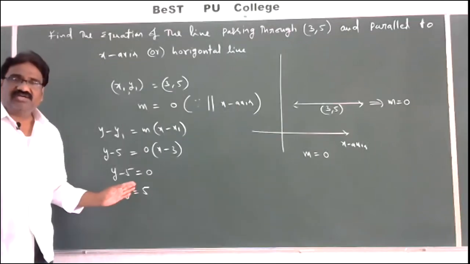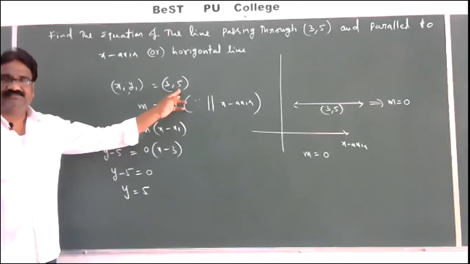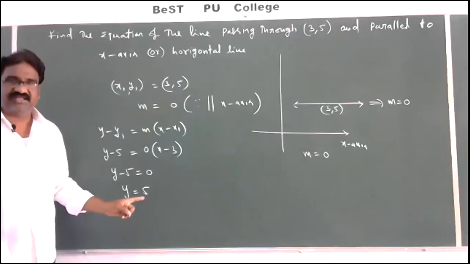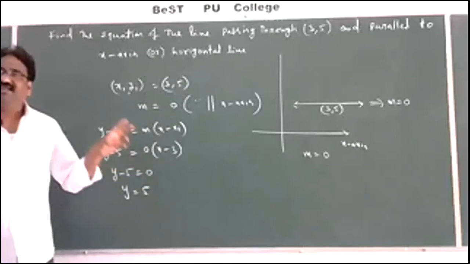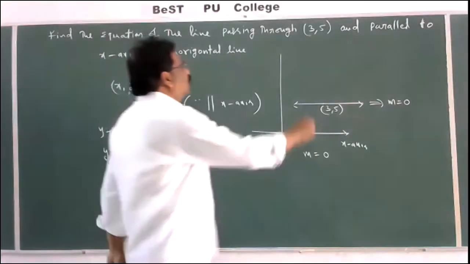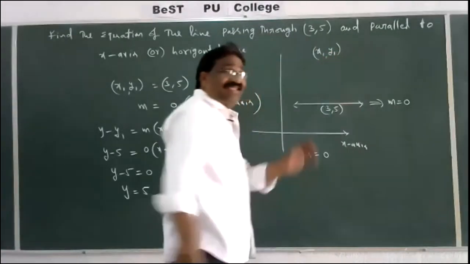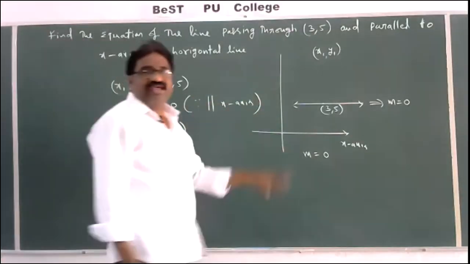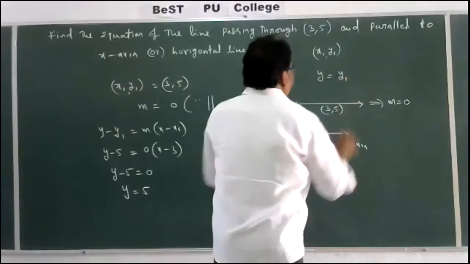From this, what we observed is that this 5 is from the given point's y1. That means in the general case, any line parallel to the x-axis passing through (x1, y1) is y is equal to y1.